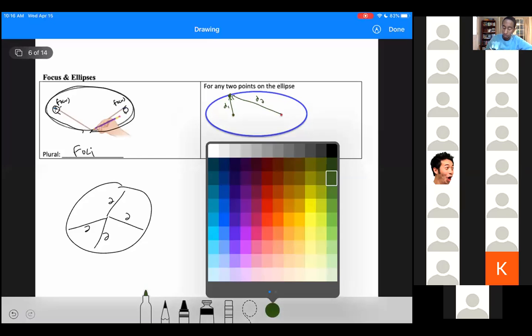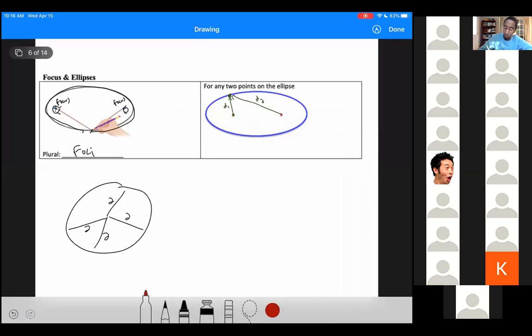And then let's just say I pick another random point. Like let's just say I pick this point right here. Okay. And I do the same thing. I measure the distance from this focus to here, and I call that D3. And I measure the distance from this focus to here, and I call that D4.